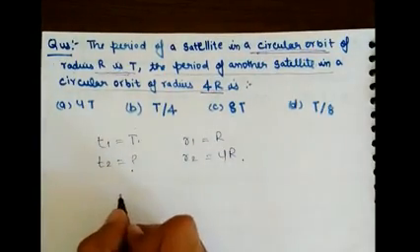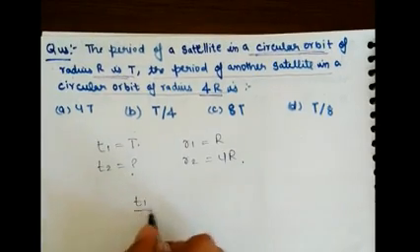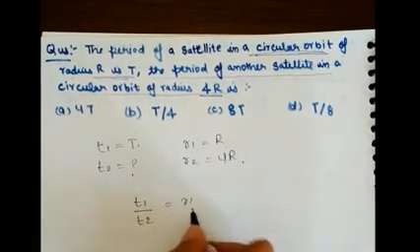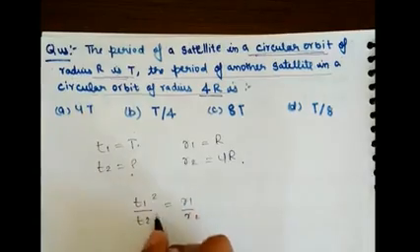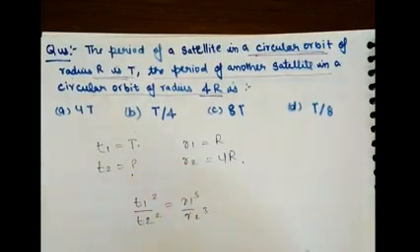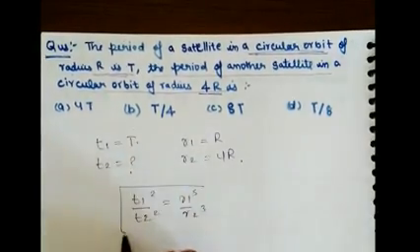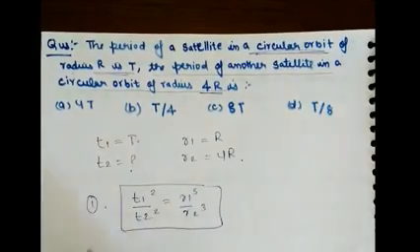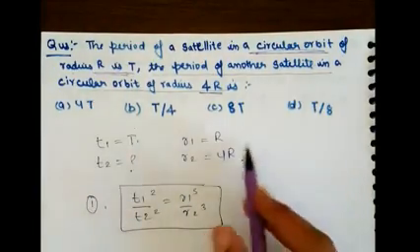What we know is that the formula is T1 by T2, squared, equal to R1 by R2, cubed. This is our step 1. Now we just substitute the values.